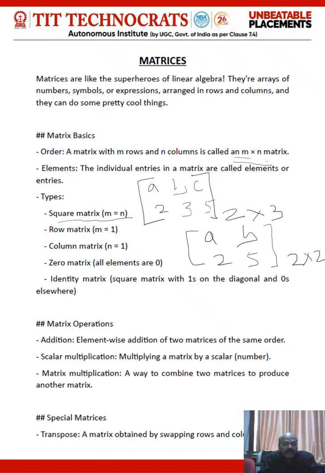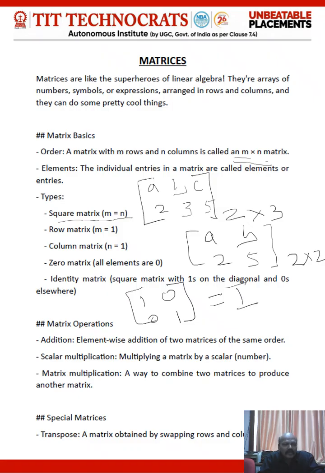A square matrix in which all elements of the principal diagonal are unity and all other elements are zero is called an identity matrix. तो ये identity matrix देखें, एक 2 by 2 का identity matrix. This is 1 0 0 1. This is the identity matrix. We can denote this by I.